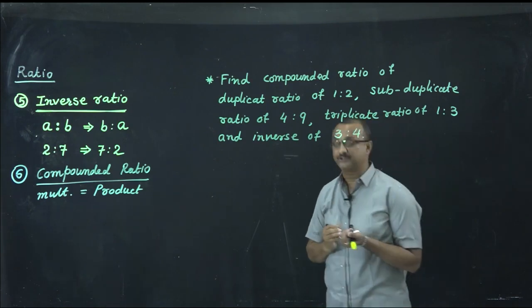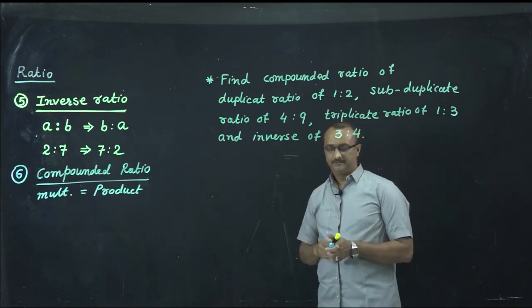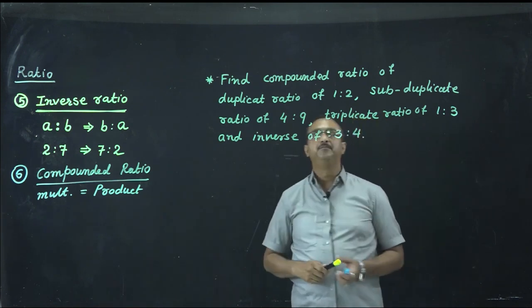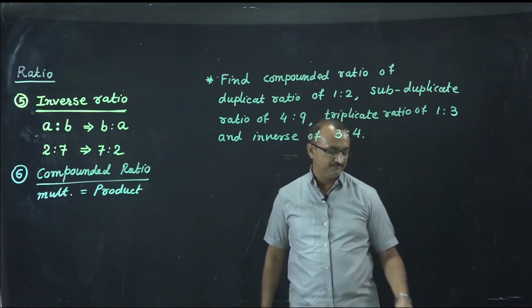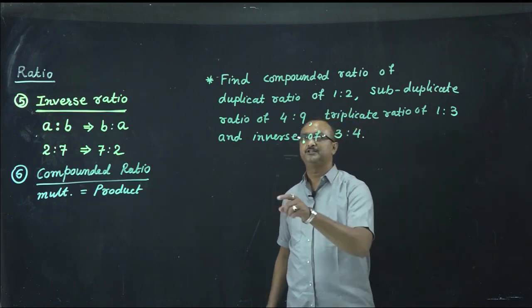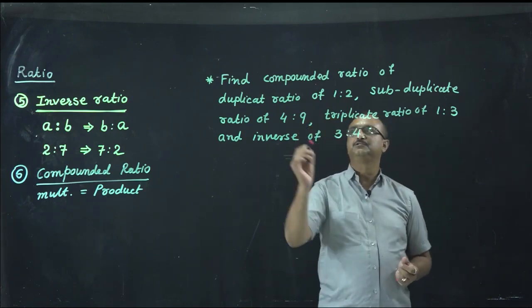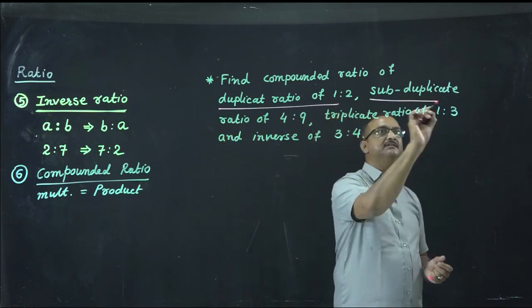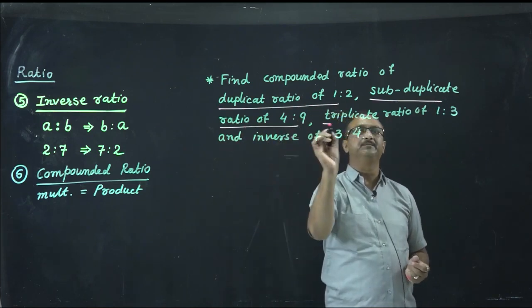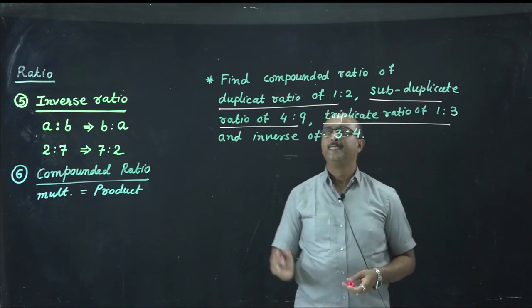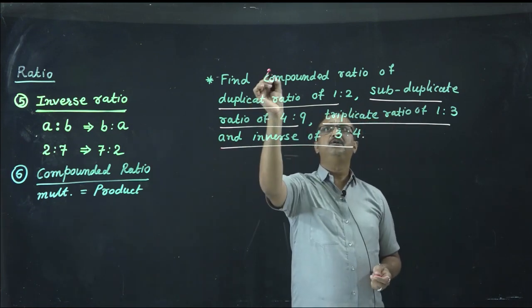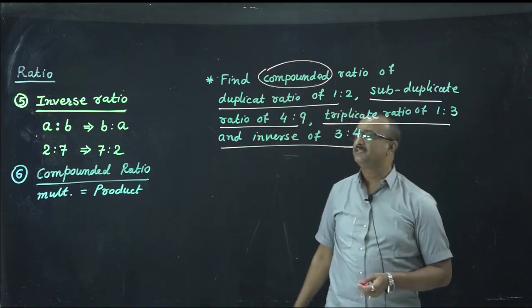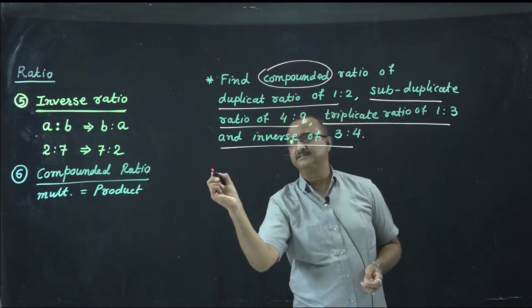Okay, this is our question. Find the compounded ratio of the duplicate ratio of 1 is to 2, subduplicate ratio of 4 is to 9, triplicate of 1 is to 3, and inverse of 3 is to 4. Okay, compounded ratio is nothing but multiplication of all these terms.